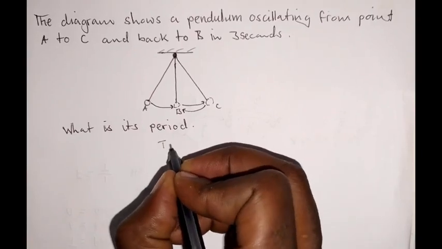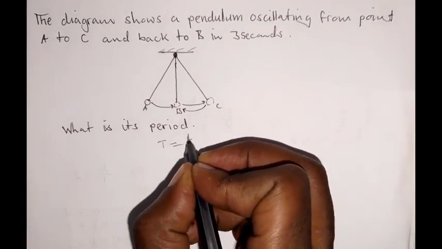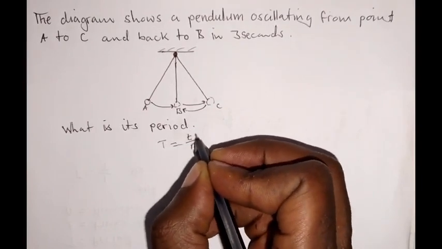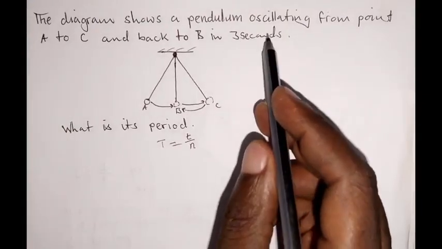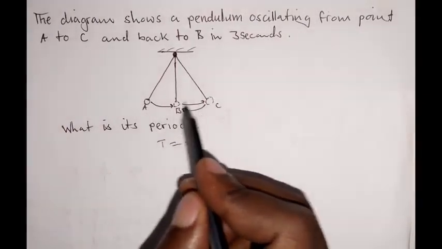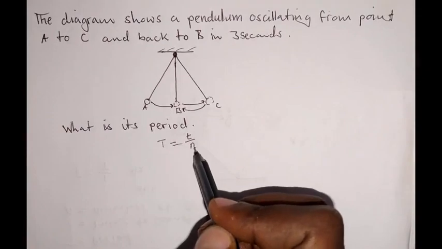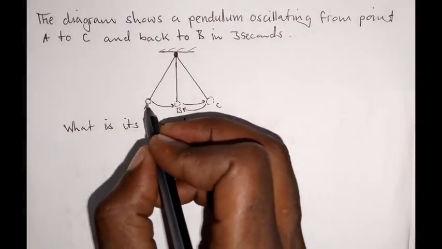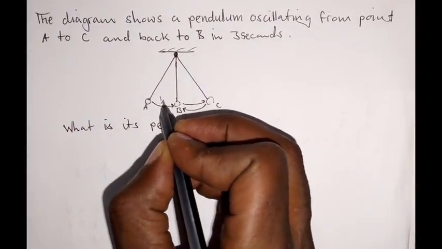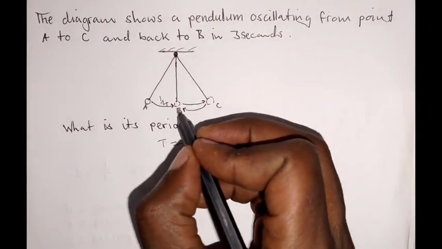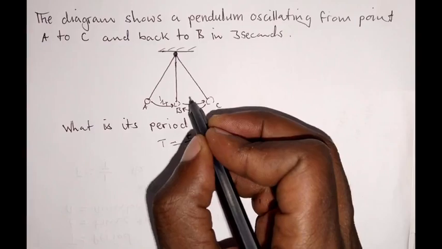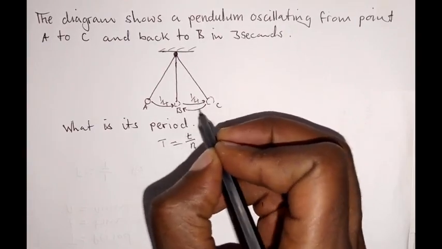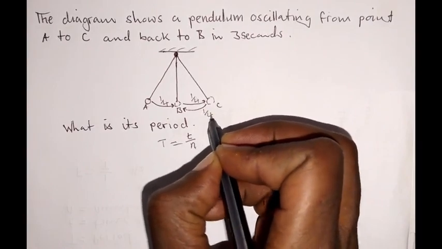We know the formula we need to use here is the period, T, is equal to small letter t over n, where t is the time taken. Then we need to calculate the number of oscillations, which is n. From point A to point B it's 1 over 4. Again, from B to C it's 1 over 4. Then C to B again is 1 over 4.